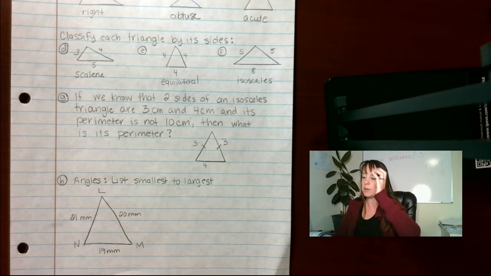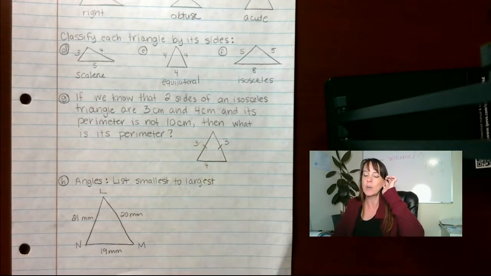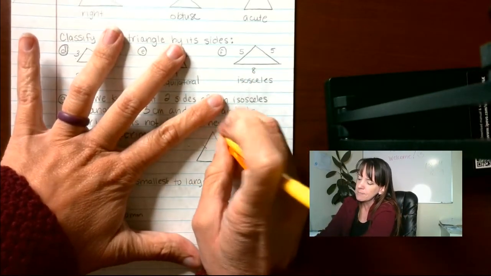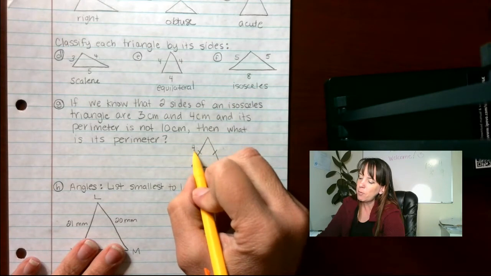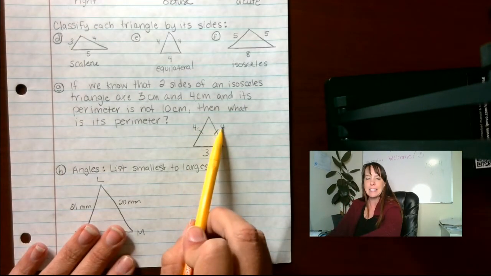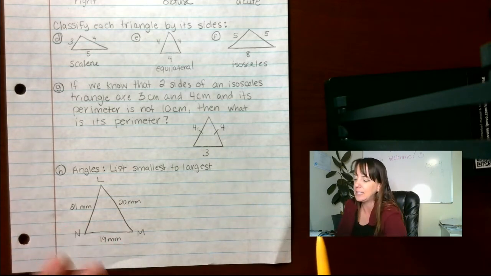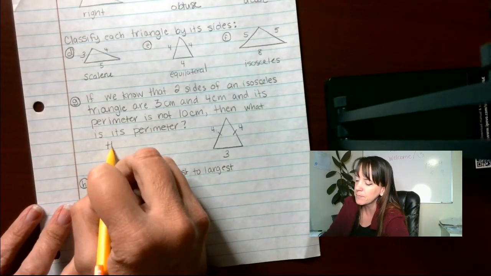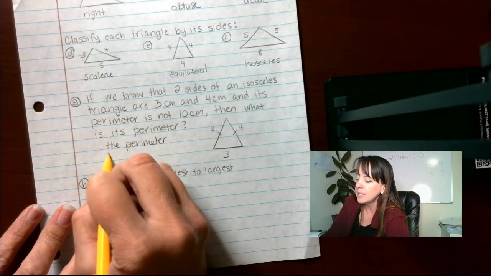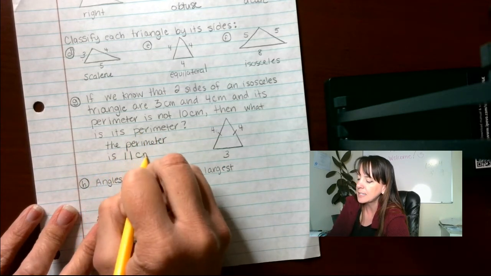Again, perimeter is adding up all the sides. 3 plus 3 is 6, plus 4 is 10, but it says the perimeter is not 10. So we've got to do some number shuffling around here. How about 4, 4, and 3? That would be 8, 9, 10, 11. So the perimeter is 11 centimeters.